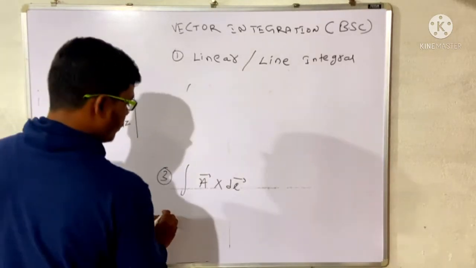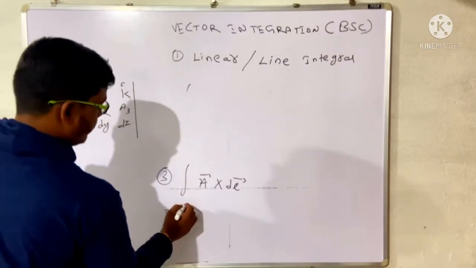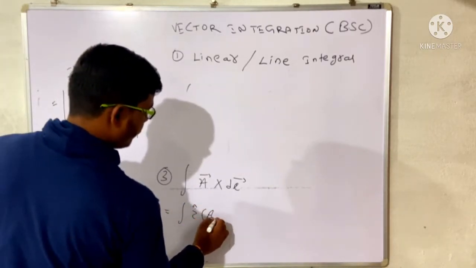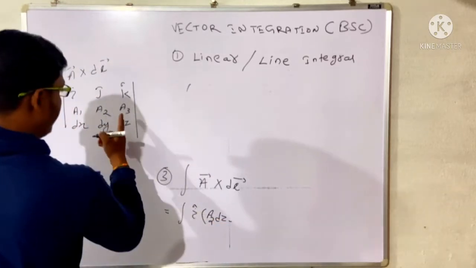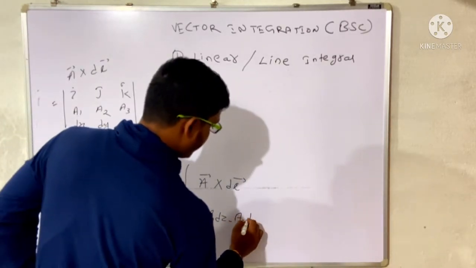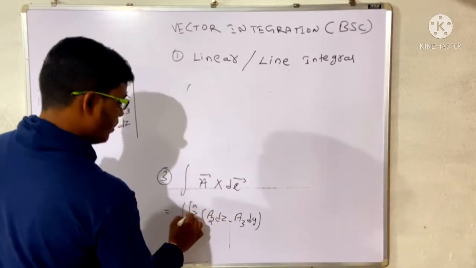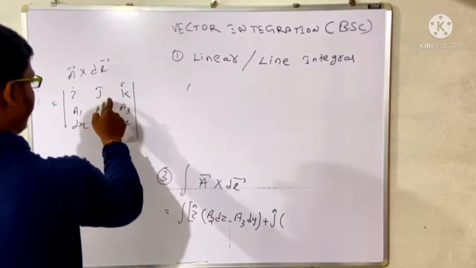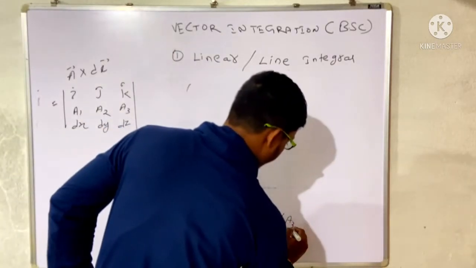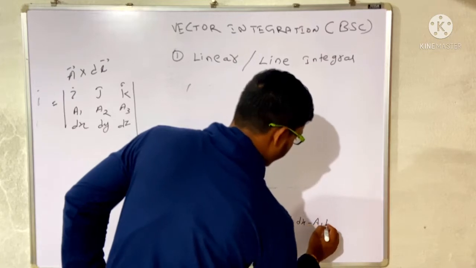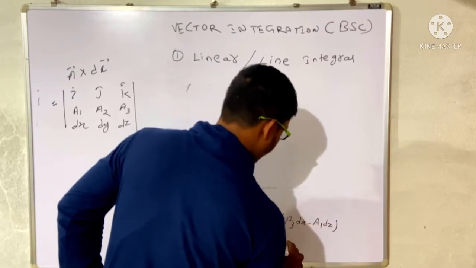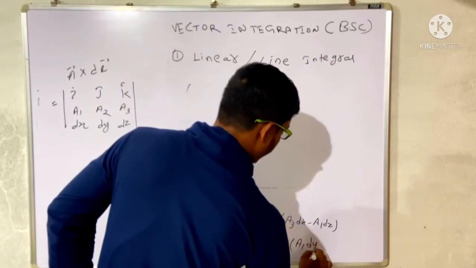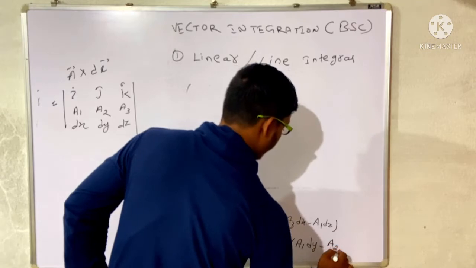Then you can do the cross product and you will find that this is nothing but i cap into (A2 dz minus A3 dy), plus j cap into (A3 dx minus A1 dz), plus k cap into (A1 dy minus A2 dx).